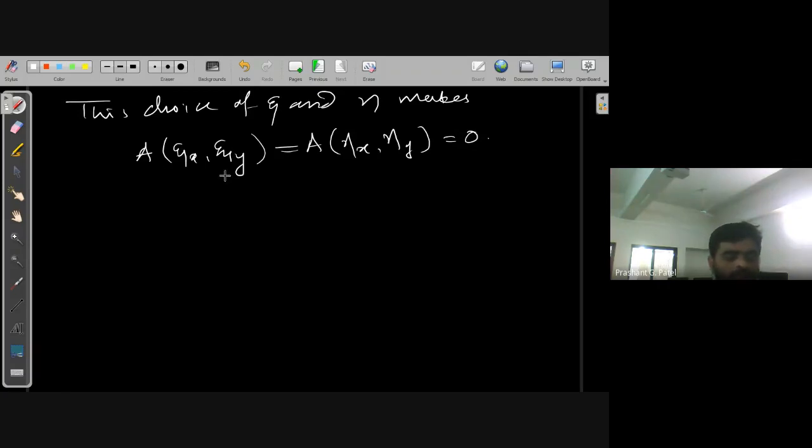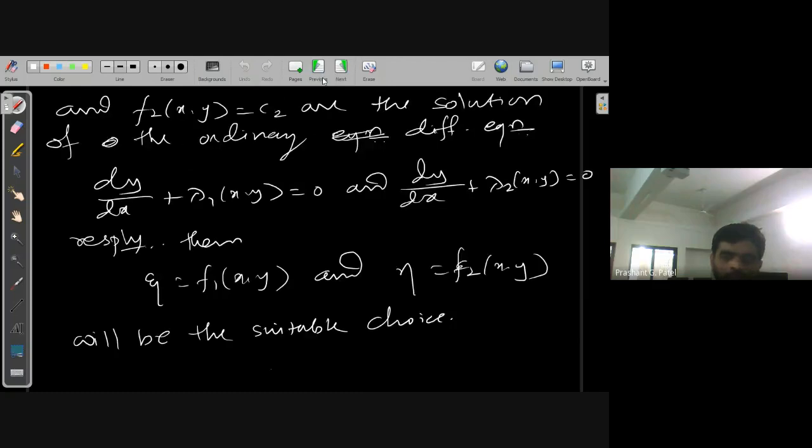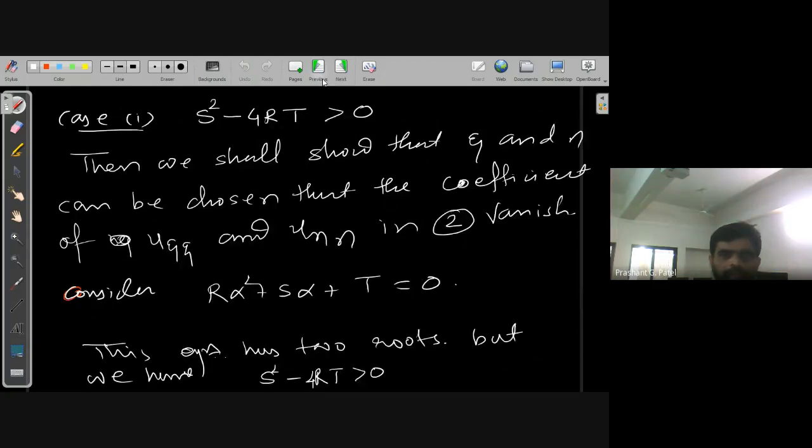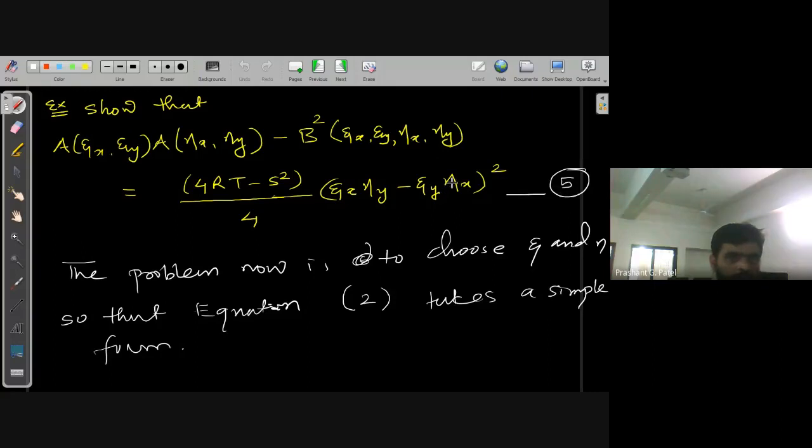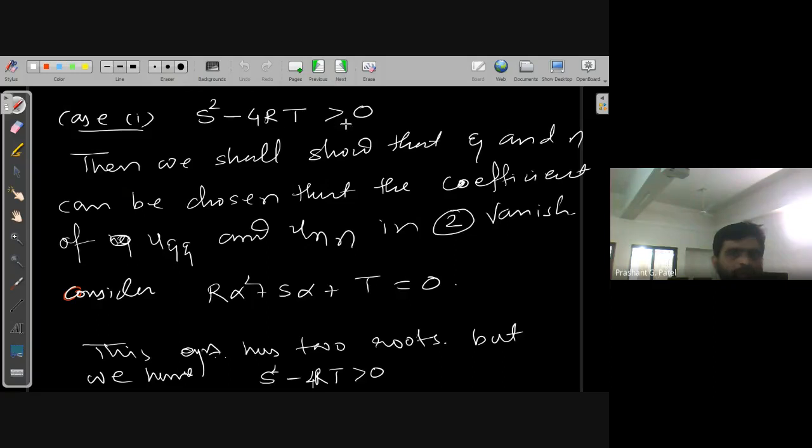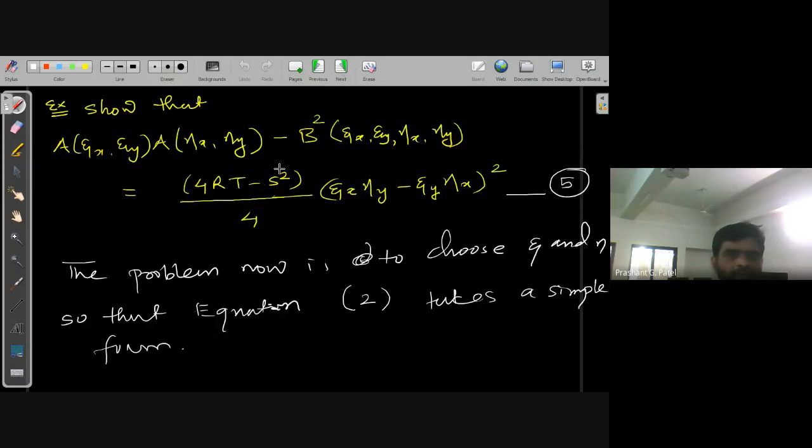And from equation number 5, we can say that b square will be positive, because we have assumed that s square minus 4rt is positive. That means 4rt minus s square is negative. If this a is 0, then this value is negative, and this is already positive. So that means b square is always positive.